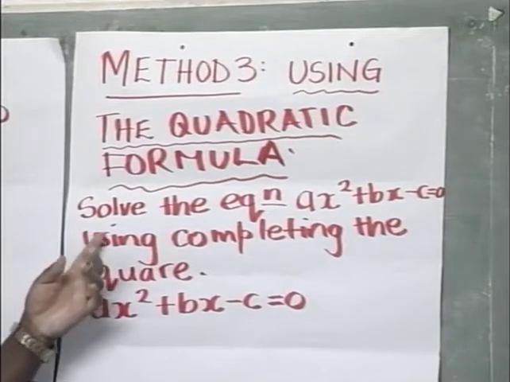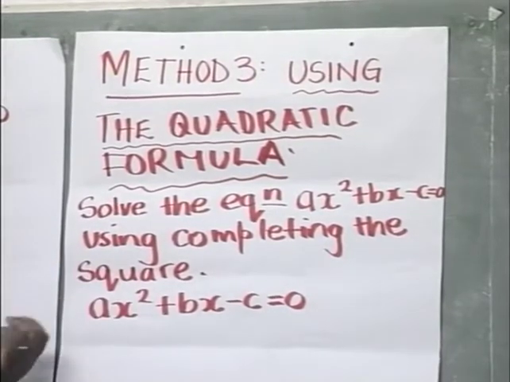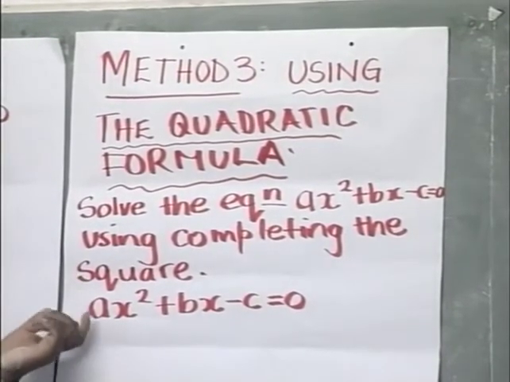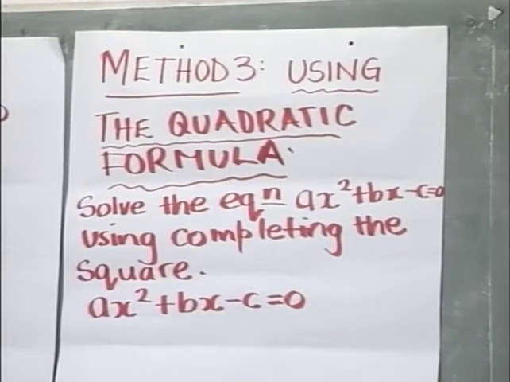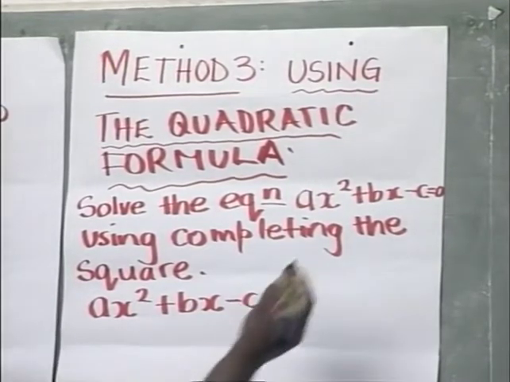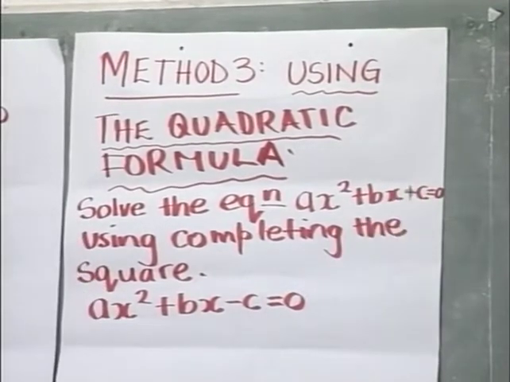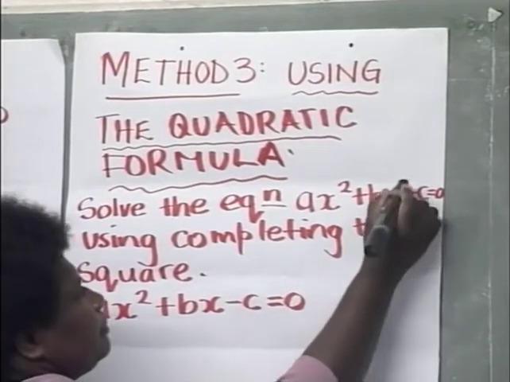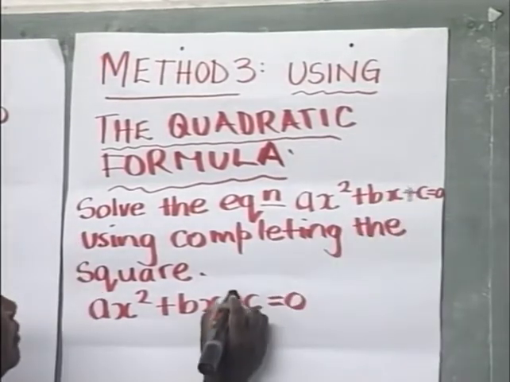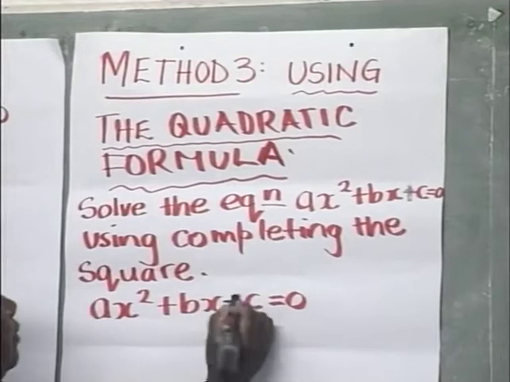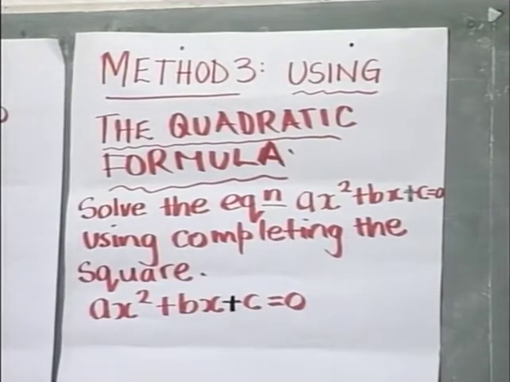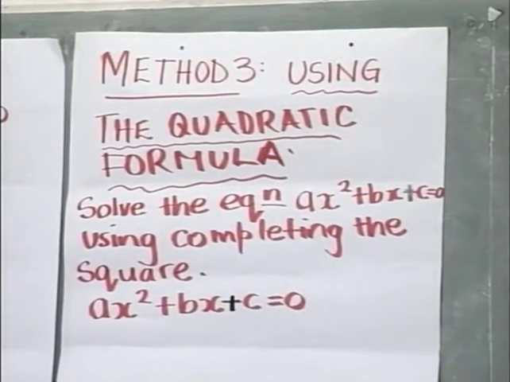Okay, the question we have is solve the equation ax squared plus bx minus c equals 0 using, sorry, that should be a plus. Ax squared plus bx plus c equals 0.